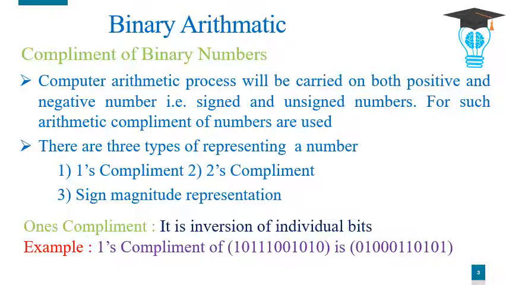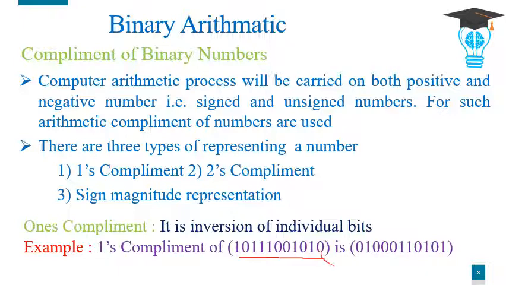There are three types of representing a number: first, in ones complement form, second, twos complement form, and third, sign magnitude representation. Ones complement is just inversion of individual bits. For example, ones complement of 10111001010 is 01000110101.